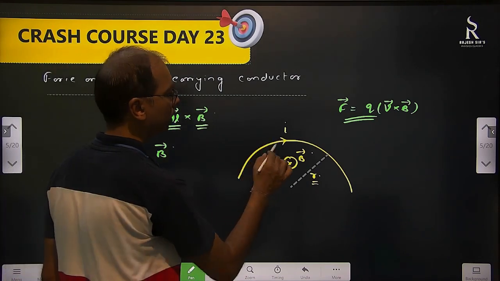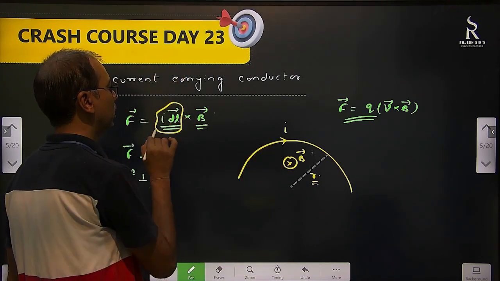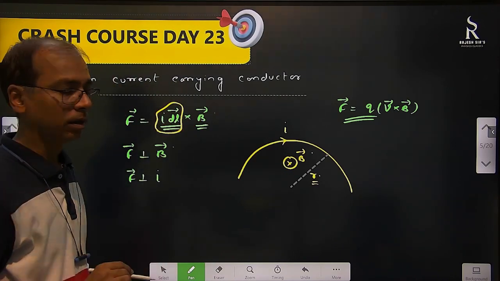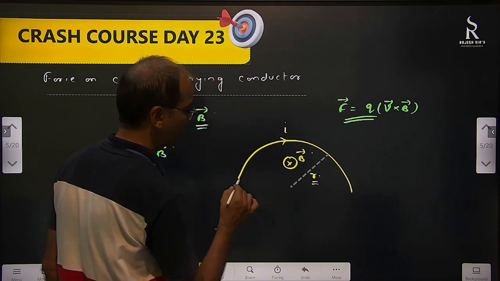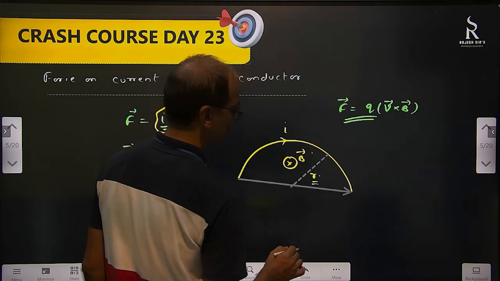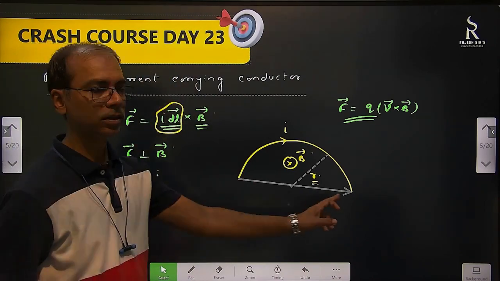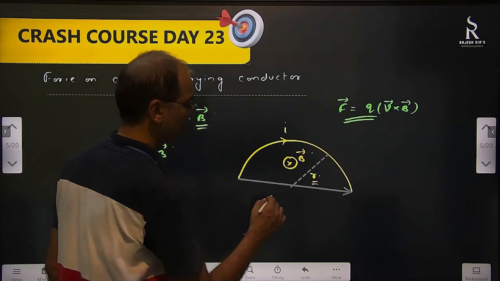Current is moving from here to here, but current is also associated with length, and it's a vector. So this direction will always be from the initial point to the final point. I require this, and how much is this? This is 2R, so it is the diameter.